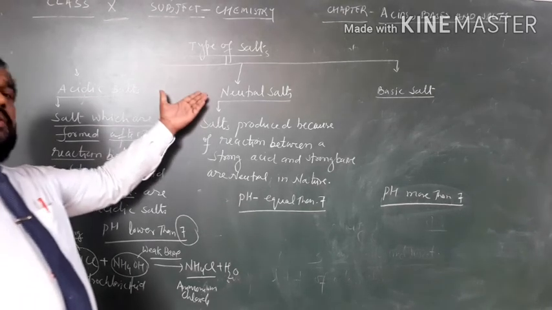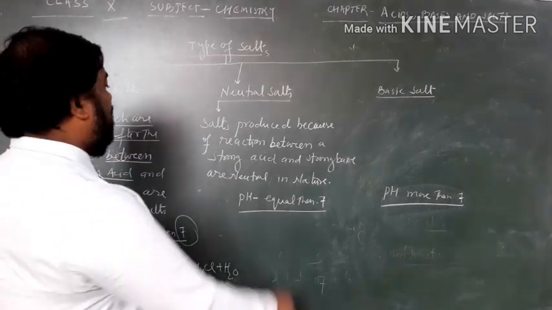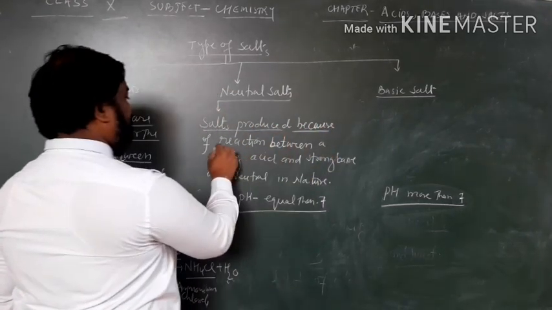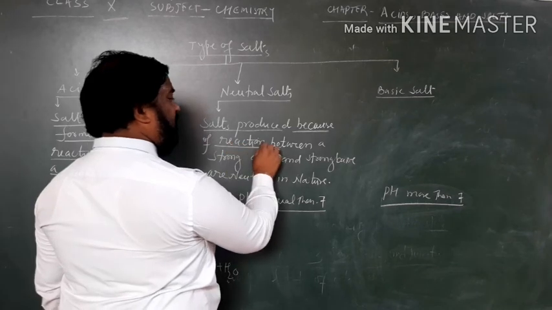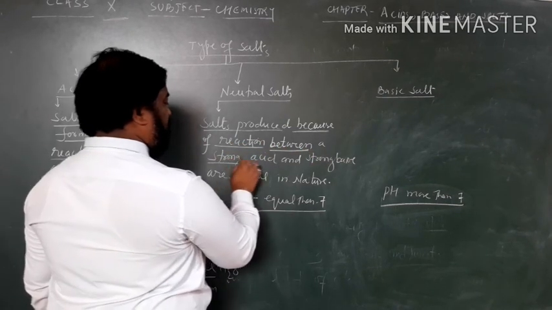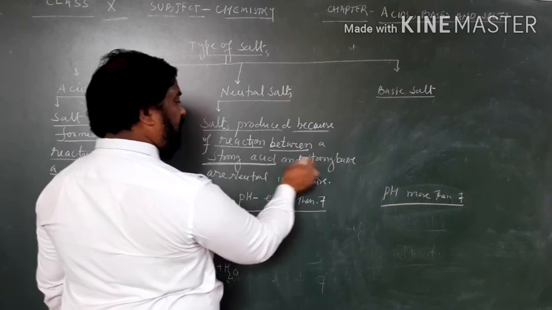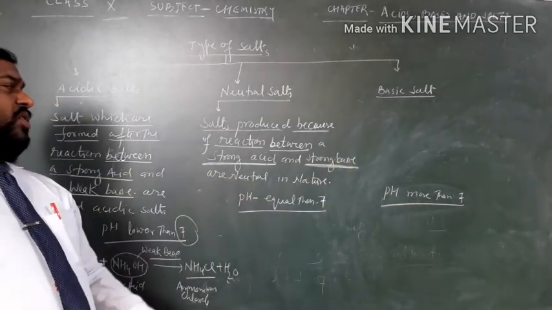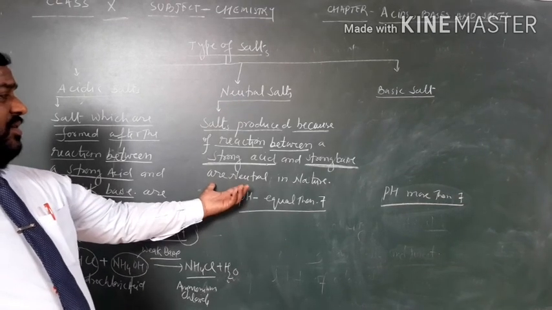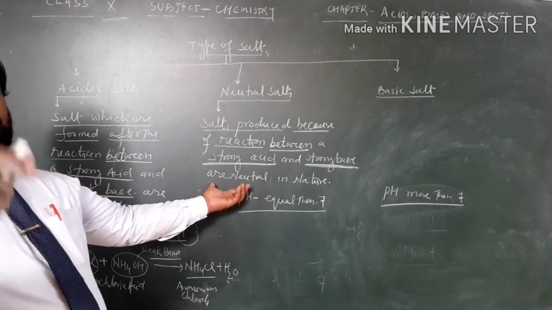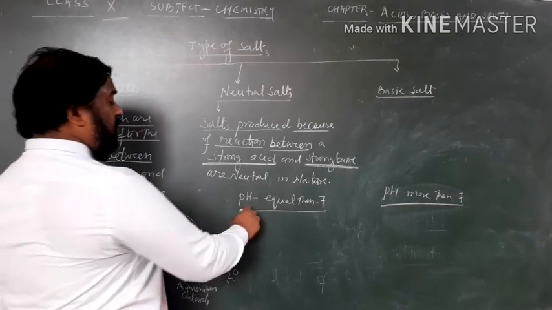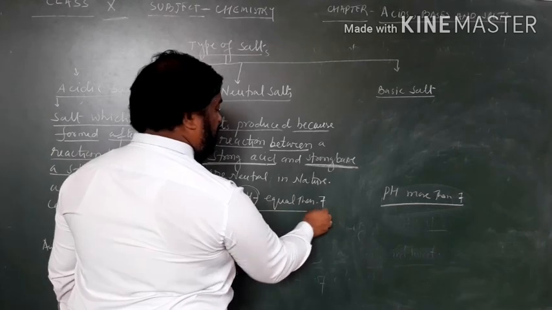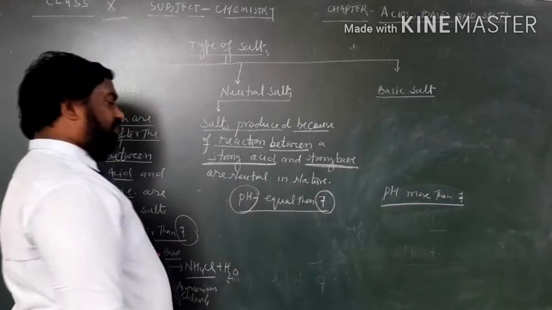Now the second one, neutral salt. Salts produced because of the reaction between a strong acid and a strong base, means here both are strong, are neutral salts or salts of neutral nature. So the pH of such a salt equals 7.